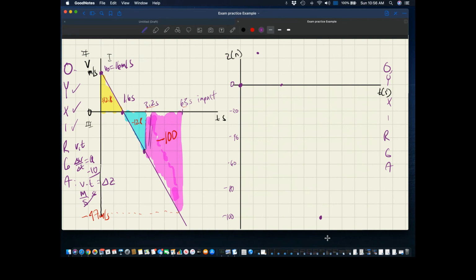So we said that the maximum height is at 12.8, 1.6 seconds. So we have a symmetrical parabola. Oh, I put that in the wrong place. I put it at about 1.3, not 1.6. A little more than halfway.